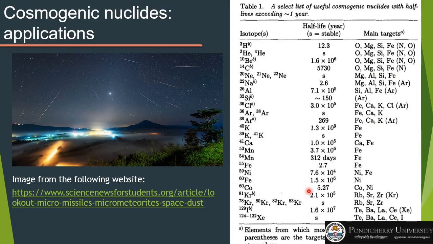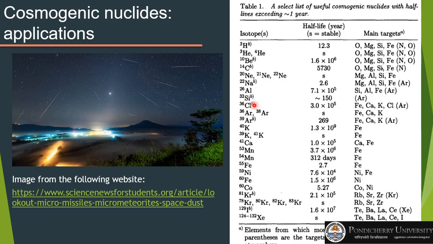So just to remind you that 10Be and 26Al are not the only cosmogenic nuclides. This was the list of cosmogenic nuclides with a little longer half-lives, which I showed in the first lecture. So you can see that there are many other nuclides which can also be used for similar or some more interesting applications.